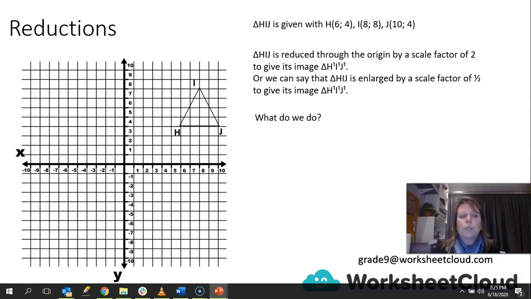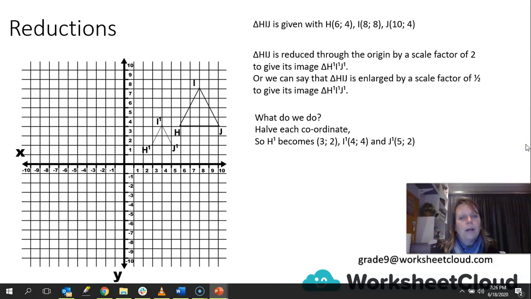All right, so what do we do? Well, we have to halve each coordinate. So H1 becomes (3, 2), I1 becomes (4, 4), and J1 becomes (5, 2). Have a look at our original coordinates. Each time we've halved the coordinate. So half of 6 is 3, half of 4 is 2, half of 8 is 4, half of 8 is 4, half of 10 is 5, and half of 4 is 2.